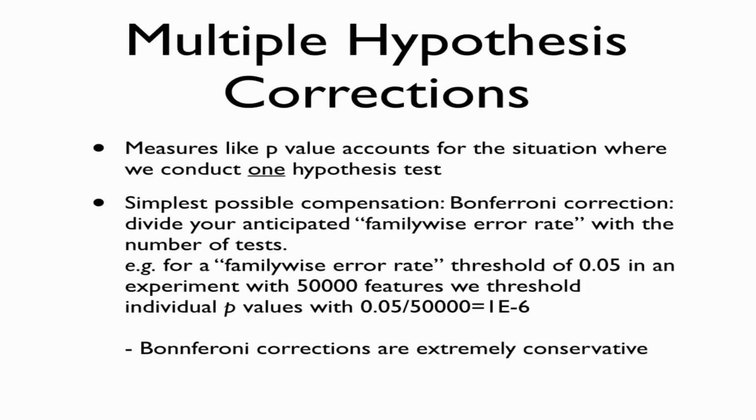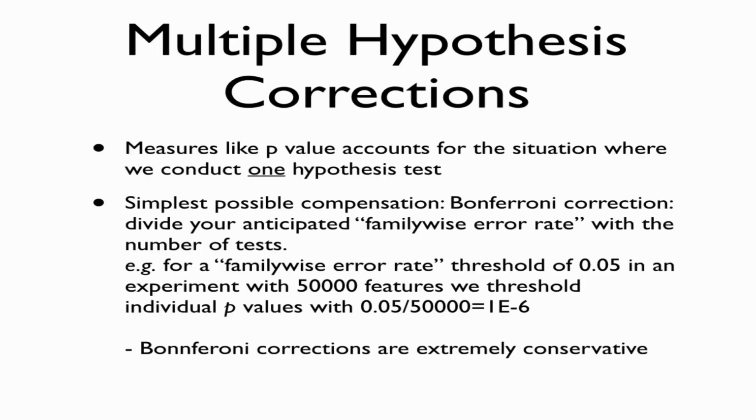So if you want a family-wise error rate of 0.05 in an experiment that contains 50,000 features, as we had before, we have to set an individual p-value threshold, which is now 0.05 divided by the number of tests, 50,000, ending up with a p-value threshold of 1 part per million.